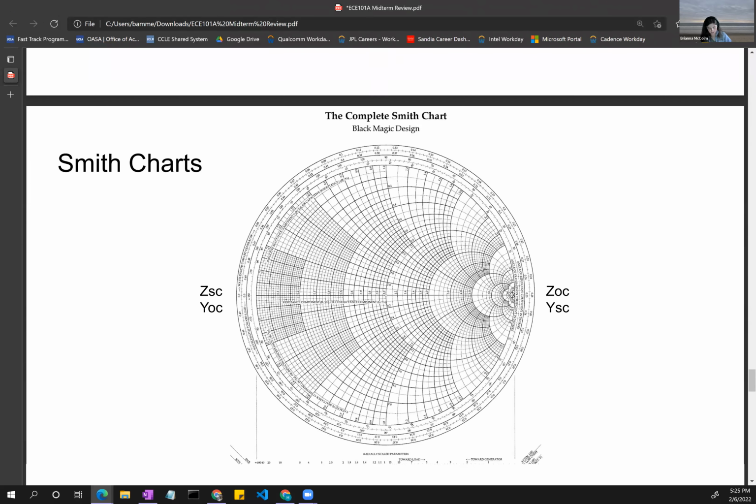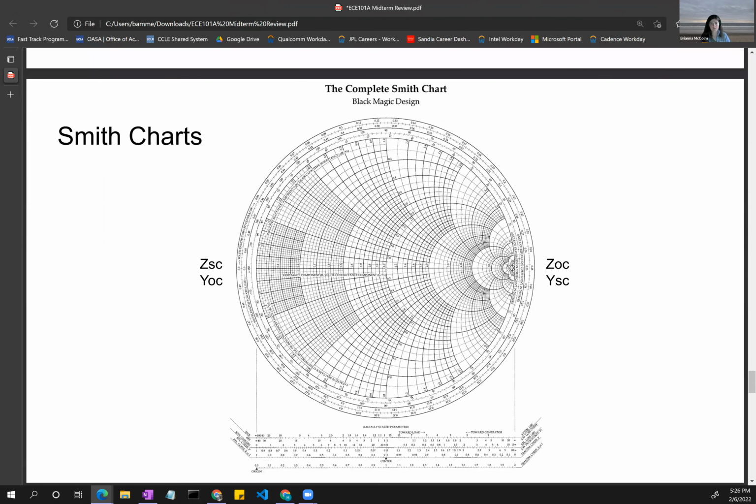So now we're going to move on to Smith charts. Smith charts are an important tool to get the input and output impedances plus other useful parameters regarding transmission lines. Some important things to note about the complete Smith chart is that the open circuit impedance is on the right, while the short circuit impedance is on the left, and it's reverse for admittances.